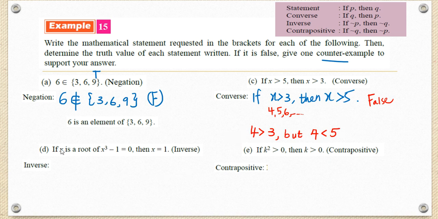Okay. Next one, if x is a root of x cubed minus 1 equals 0, then x is 1. Write the inverse. Inverse is negation of p, then negation of q. So when you write the inverse: if x is not a root of x cubed minus 1 equals 0, then x is not equal to 1.